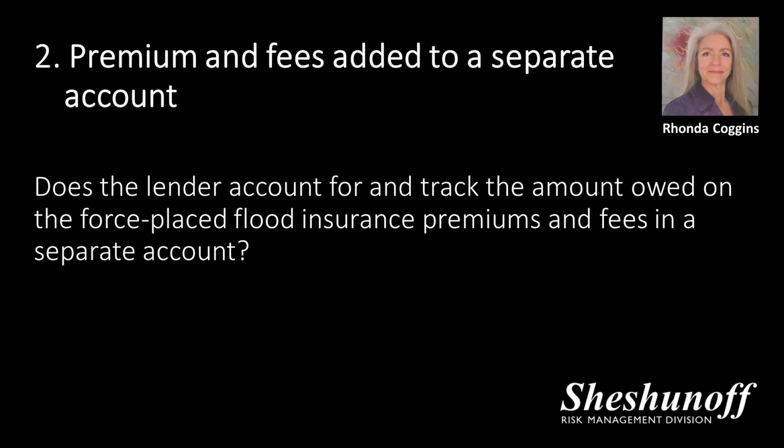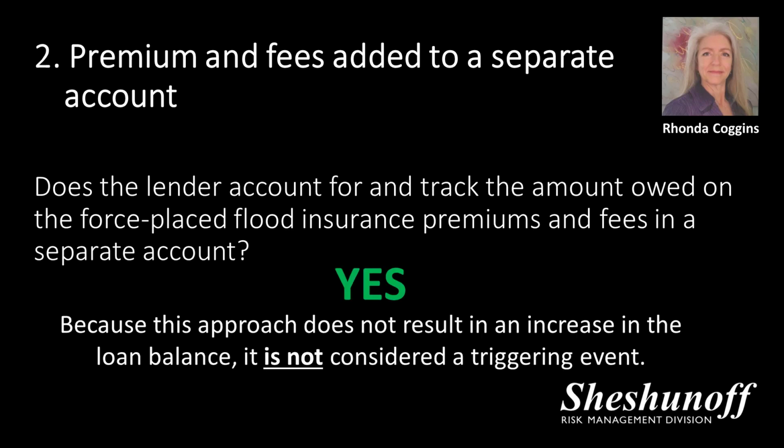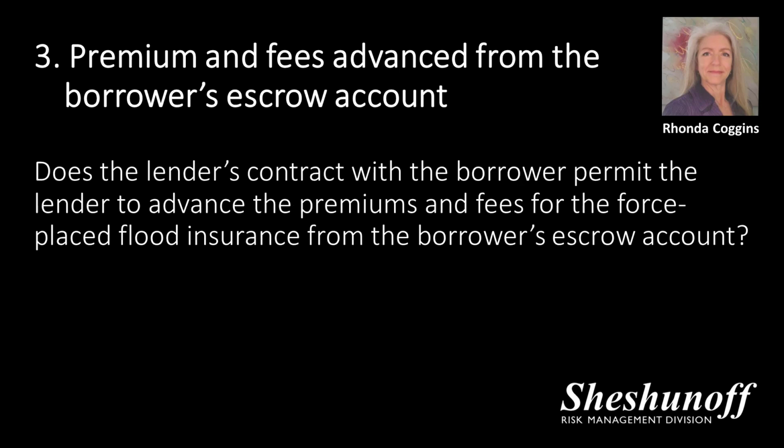Second, premium and fees added to a separate account. If the lender accounts for and tracks the amount owed on the forced place flood insurance premiums and fees in a separate account, this approach does not result in an increase in the loan balance and therefore is not considered a triggering event. Third, premium and fees advanced from the borrower's escrow account.